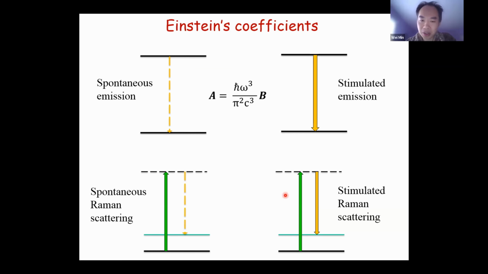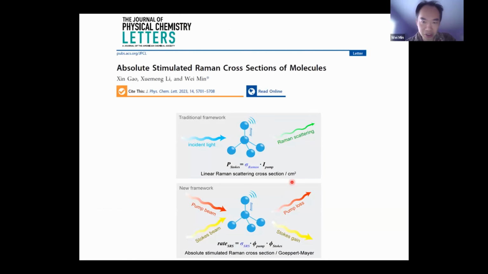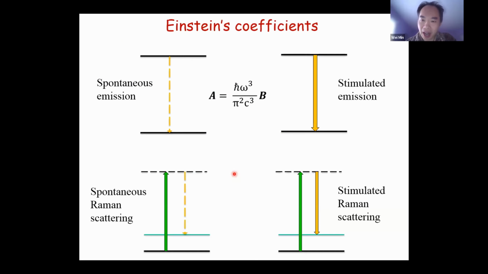So starting early this year, we started to think about how to actually do this. Just like the Einstein A and B coefficients, you have to have A and B to start with. In other words, you have to quantify a rate process with some sort of parameter, and then try to figure out whether you can connect those two parameters. Here it's the same thing.